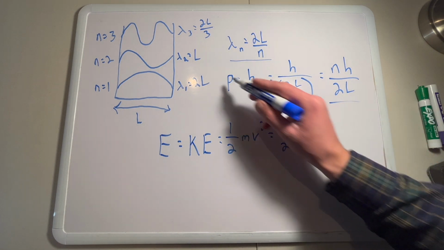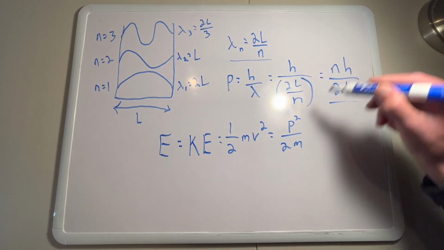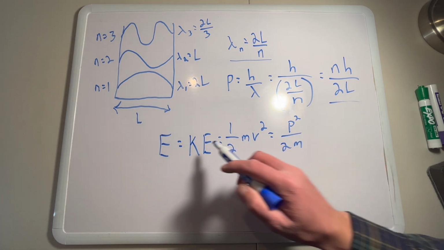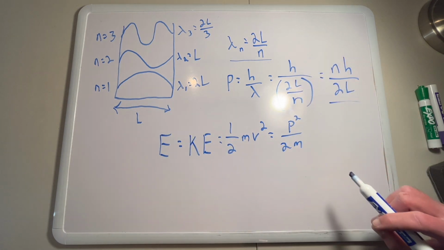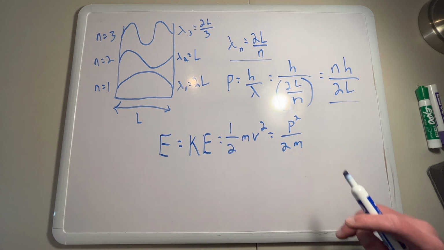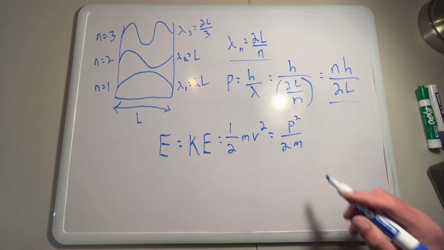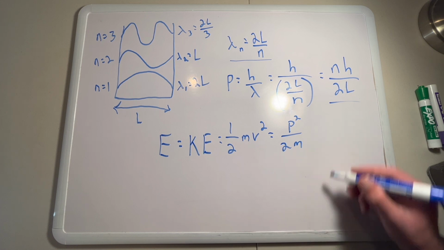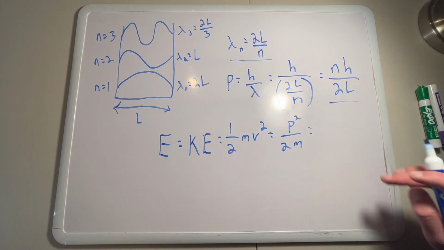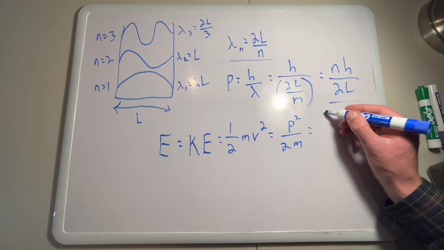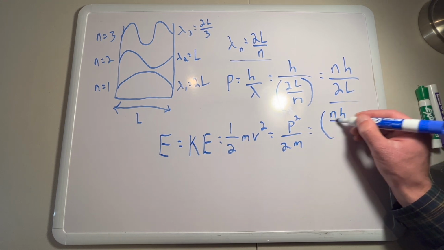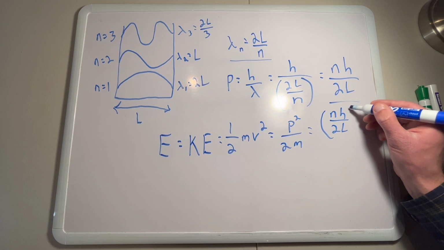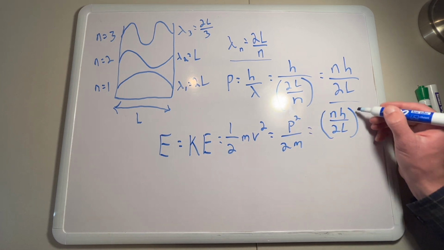All right, well, we have momentum right there. What if we plug it in? Then we can get an equation for energy of our little particle in this infinite square well. Very good. So let's go ahead and do that. I might have some more space right here to do that. So we're just going to drop this guy down, nh over 2L, that's all squared.